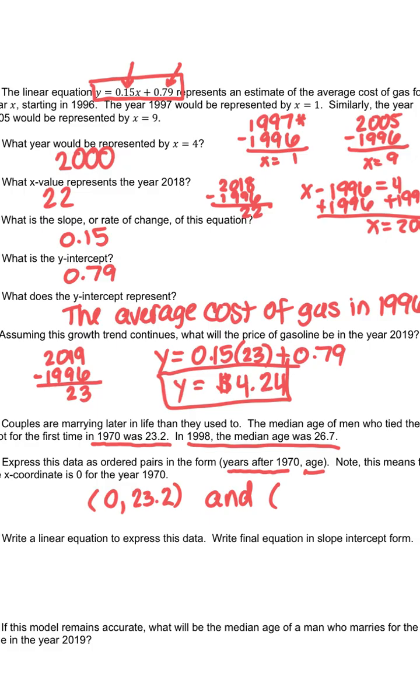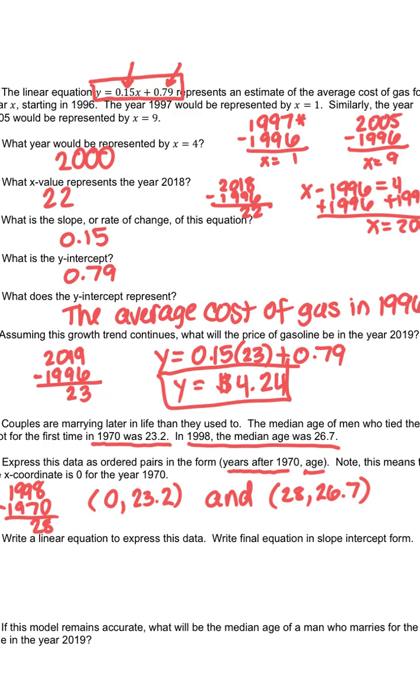So again, for 1998, we will do the difference between 1998 and 1970, and that is 28. Therefore, our x value will be 28, and the age was 26.7. Now it says write a linear equation to express this data. Write the final equation in slope-intercept form.